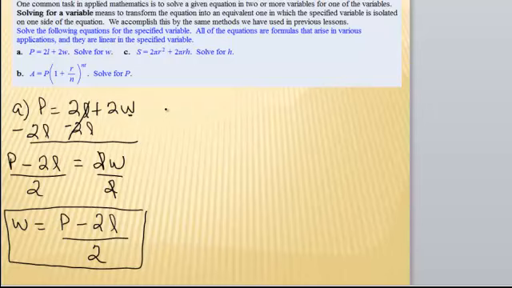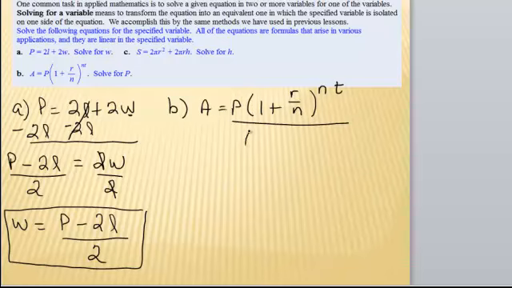Okay, so let's have a look at B. A equals P times 1 plus R over N all to the NT. We want to solve this one for P. This is P times all this stuff. Well, that means we just need to divide by all this stuff on both sides to get rid of it. So let's see what that looks like.